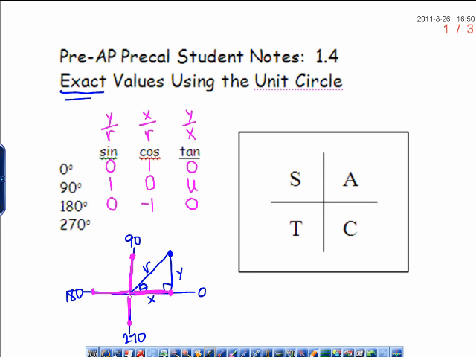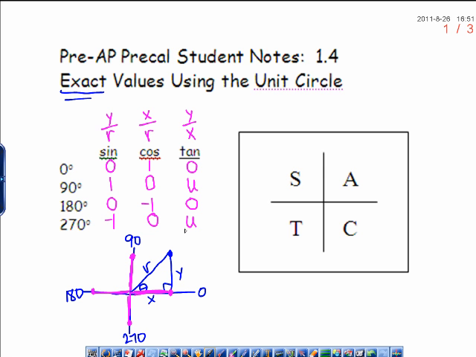This time the y value is negative. If I collapse the triangle all the way down here, the y value is negative 1, and our x value is 0. So if x is 0, we'd have a 0 and an undefined here because of x in the denominator being 0. But since y is negative 1 for 270, we have a negative 1.